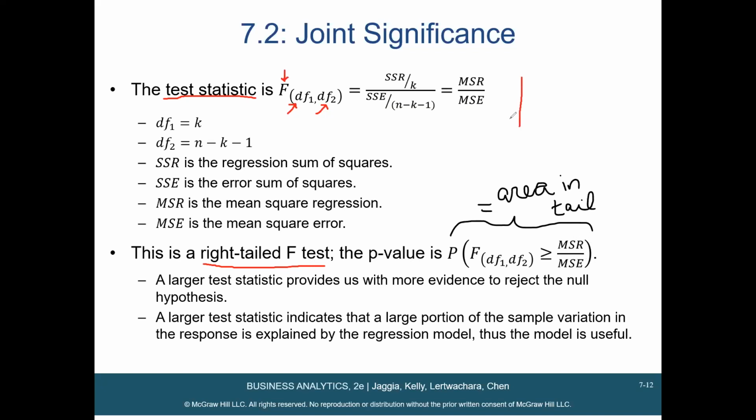So let's say our F distribution looks something like this. And then we put in our test statistic here, and we just want to find the area in the tail, right? That's our p-value. So again, hopefully this is like, yes, I know all about finding a p-value, finding the area past the test statistic.